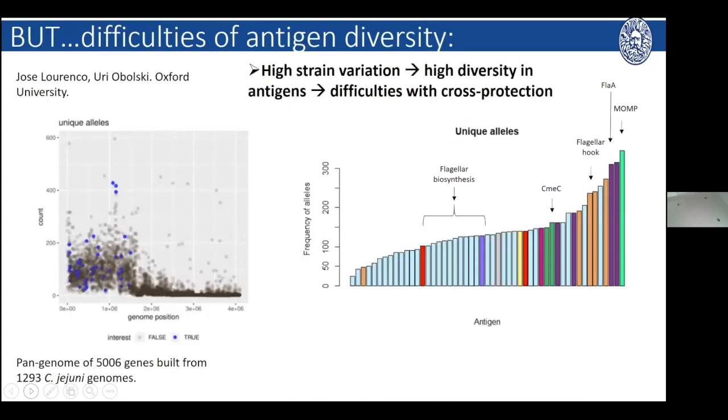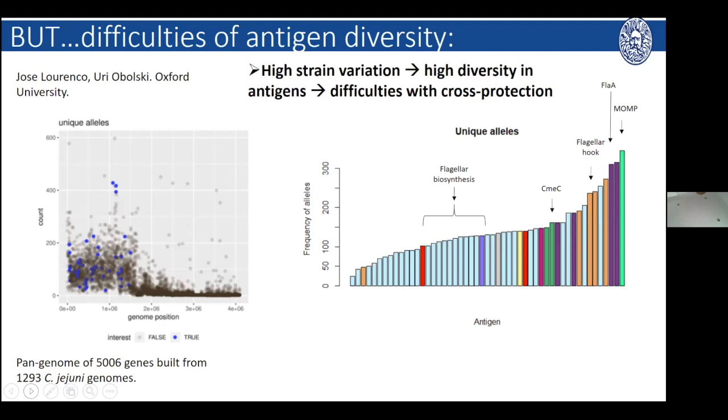So we looked at different antigens that have been used previously in the literature that have elicited an immunogenic response in chickens. And we wanted to see just how variable these are within chicken or poultry-associated isolates.